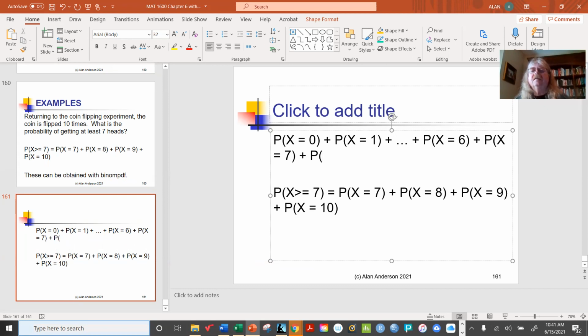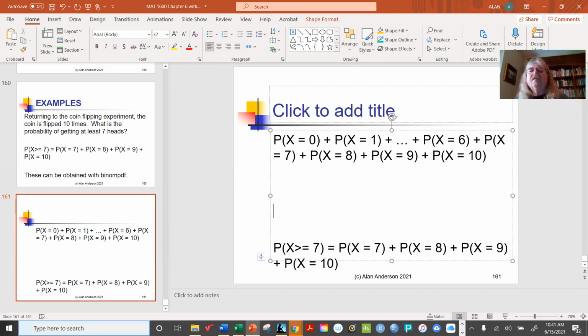You'll see why in a second. All of that equals 1. Why? Because one of those outcomes must occur with certainty. So x equals 0 plus 1, and then I left out a few here, obviously, but up to 6, 7, 8, 9, and 10. That has to add up to 1.